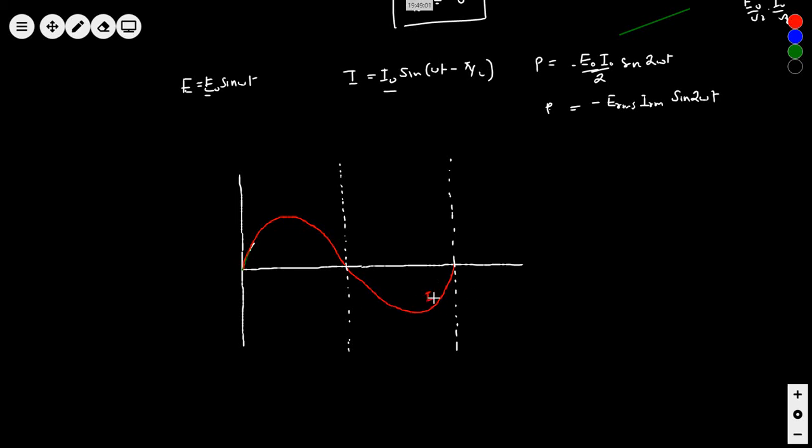In case of the inductor, the voltage is ahead by how much? Here is the peak value.